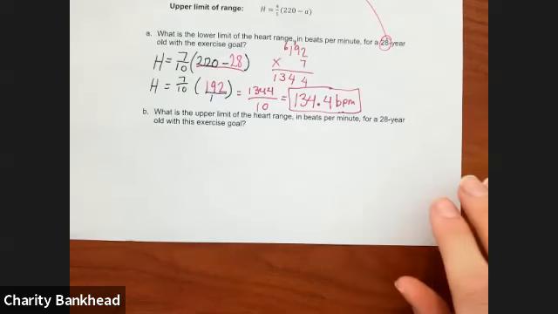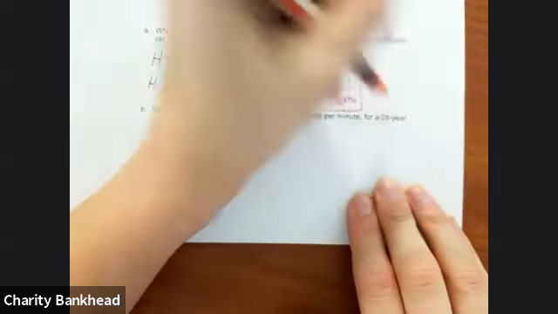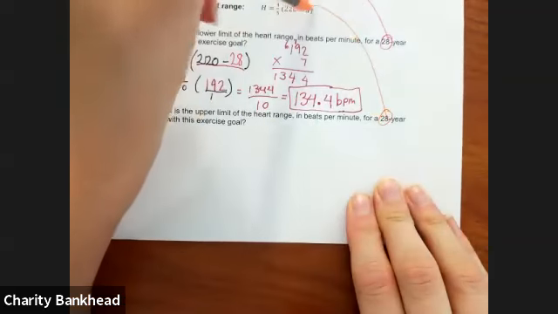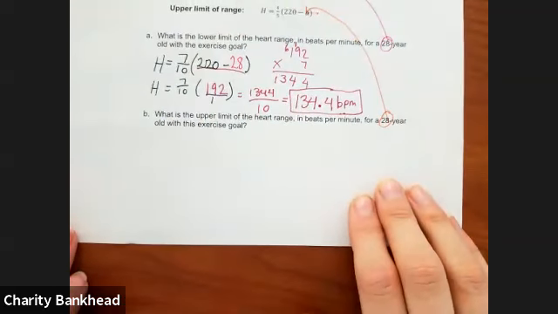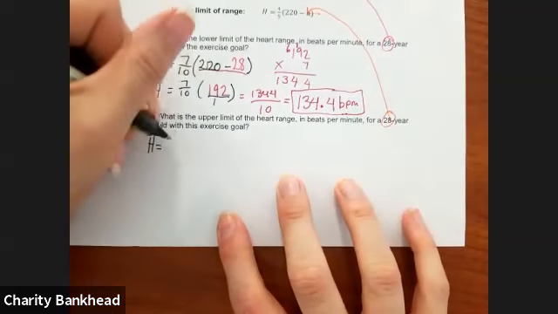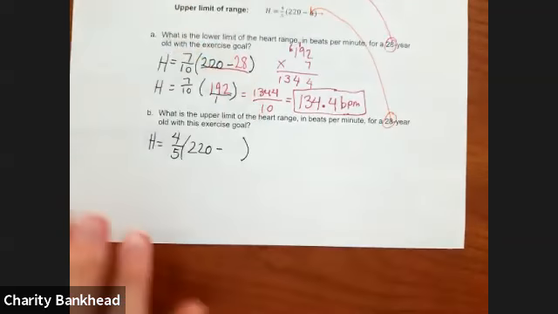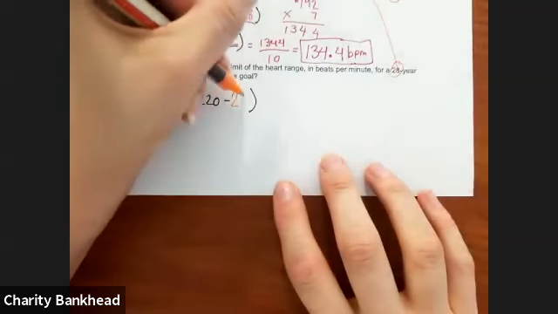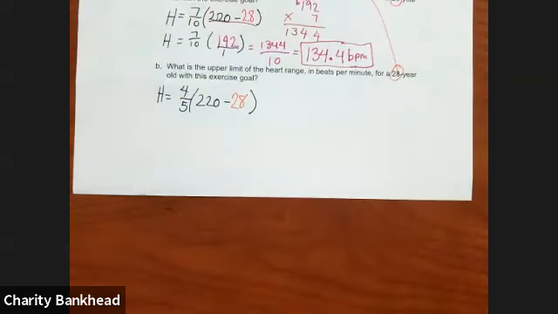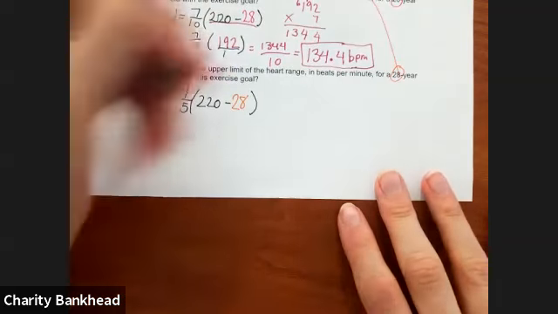And then the upper limit, just use the other formula and plug in 28 into the upper limit formula. Okay, so that will be H equals 4/5 parentheses 220 minus 28. All right, so we already know that 220 minus 28 is 192.